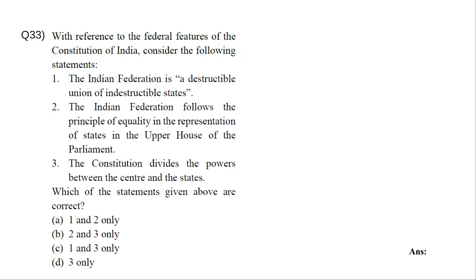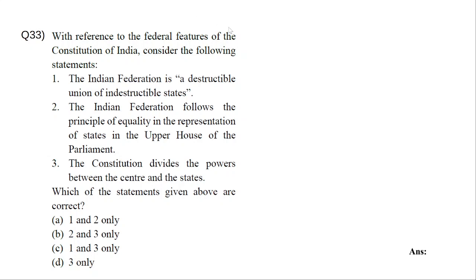Previously, if you look at Uttarakhand from Uttar Pradesh, and Chhattisgarh and Jharkhand from Bihar, etc. So if you observe, the Parliament has the right, Article 3 specifically, to practically speaking destroy the states, as in change the boundary, alter the boundary, increase the size, destroy. So it is definitely not indestructible states.